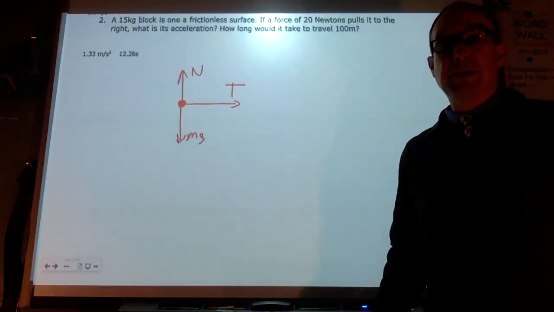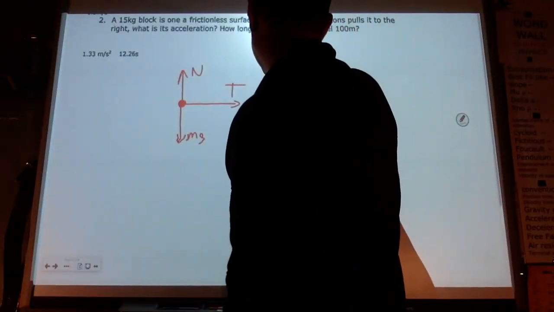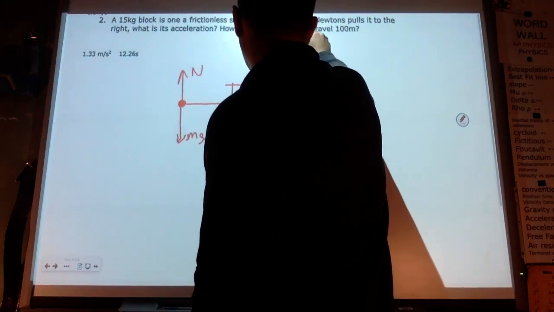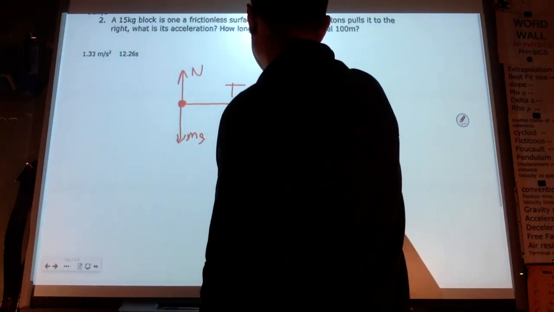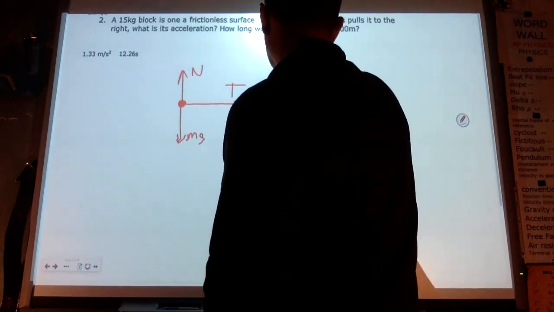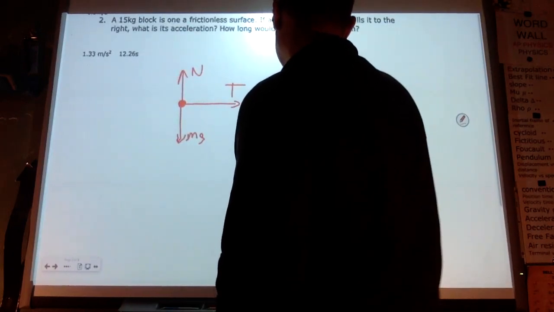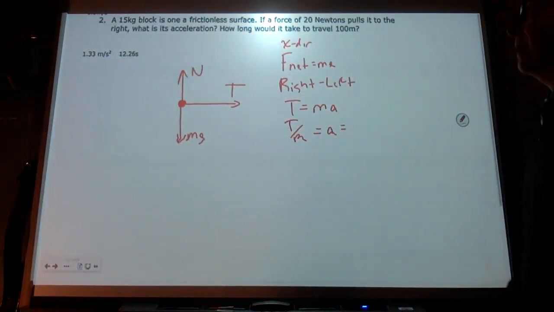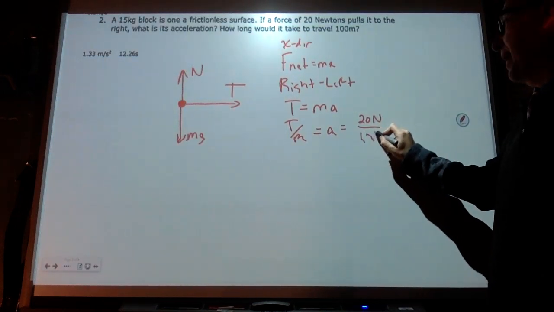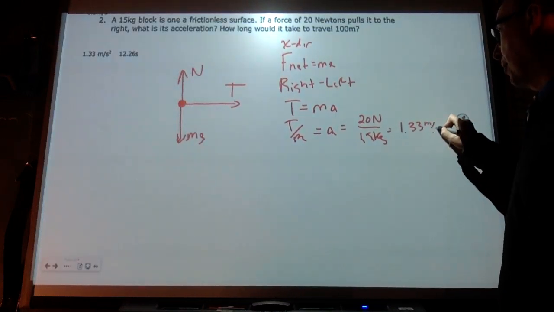Again, it's obvious to me that my acceleration's in the x direction, so I'm going to do F net equals ma, and I'm going to do right minus left. And so I have T equals ma, so my acceleration is going to be my tension divided by the mass. So in this case, it's 20 newtons divided by 15 kilograms, which gives me 1 1/3.